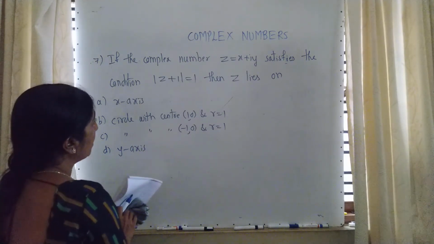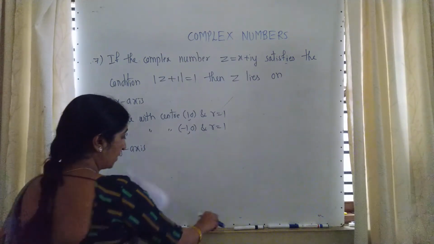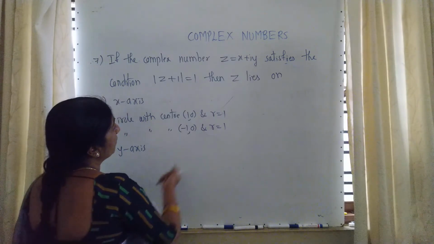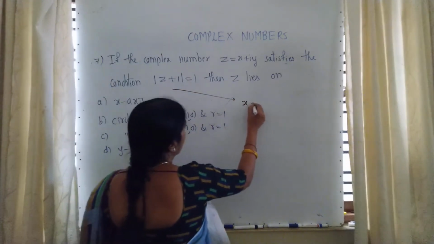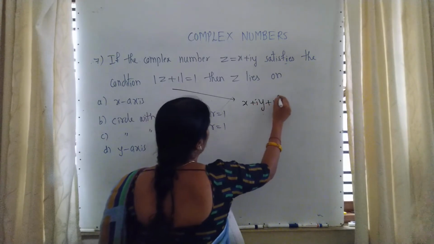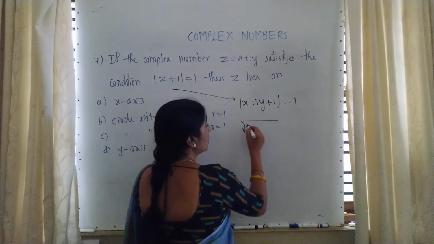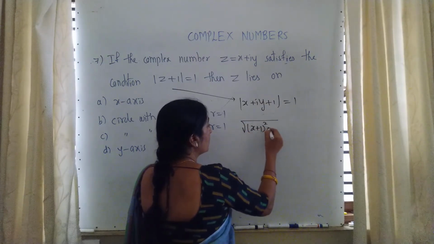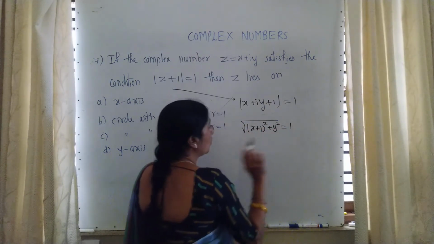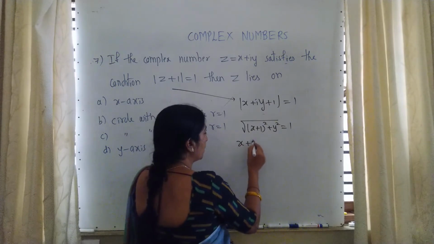See here, I already explained this type of example. It is again similar. In place of z, write x plus iy plus 1, modulus of this. Modulus of this means root of the term without i square plus the term with i square. I we are not writing, squaring on both the sides.